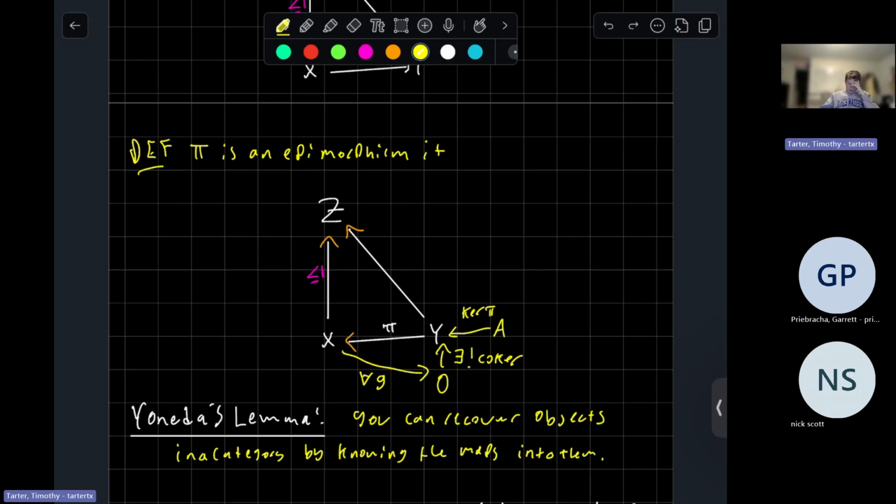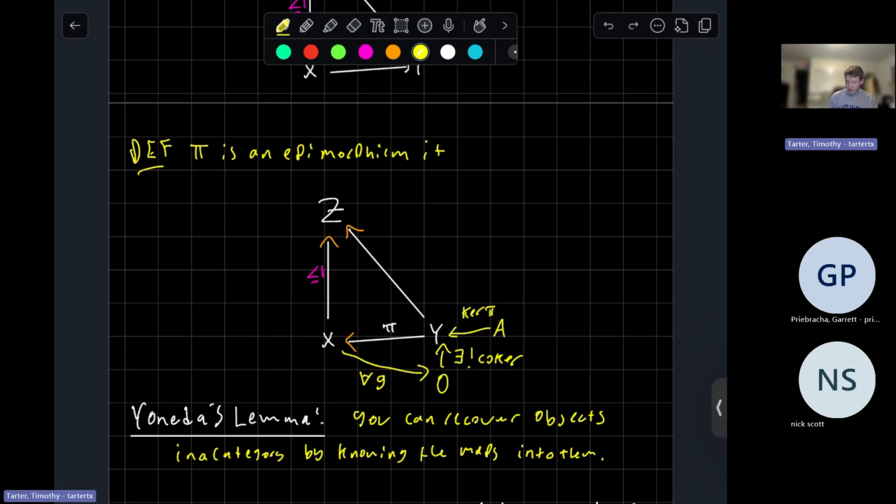The kernel is the thing which goes to 0 with pi as an inclusion. The co-kernel is the arrow reversing, which goes to 0 as a right thing. So coker pi equals 0. No, pi coker equals 0.